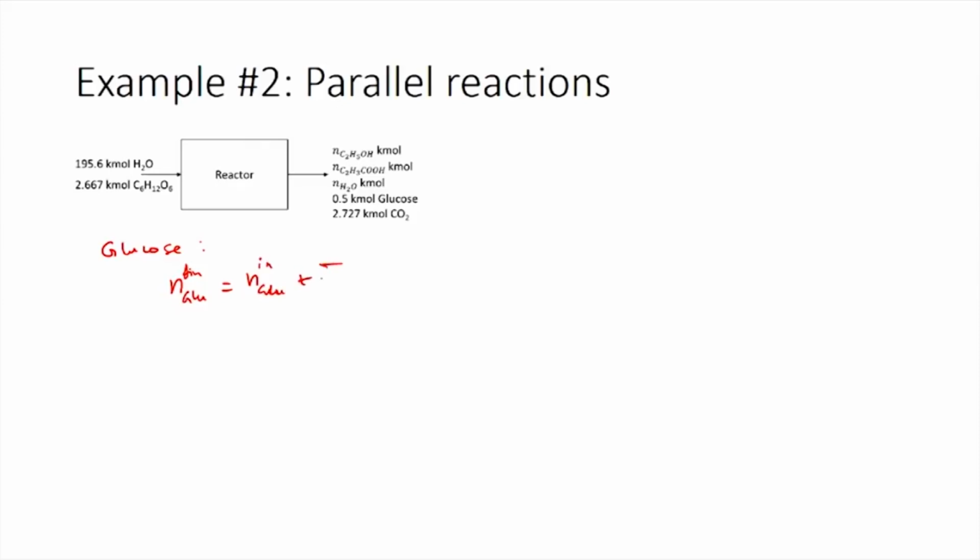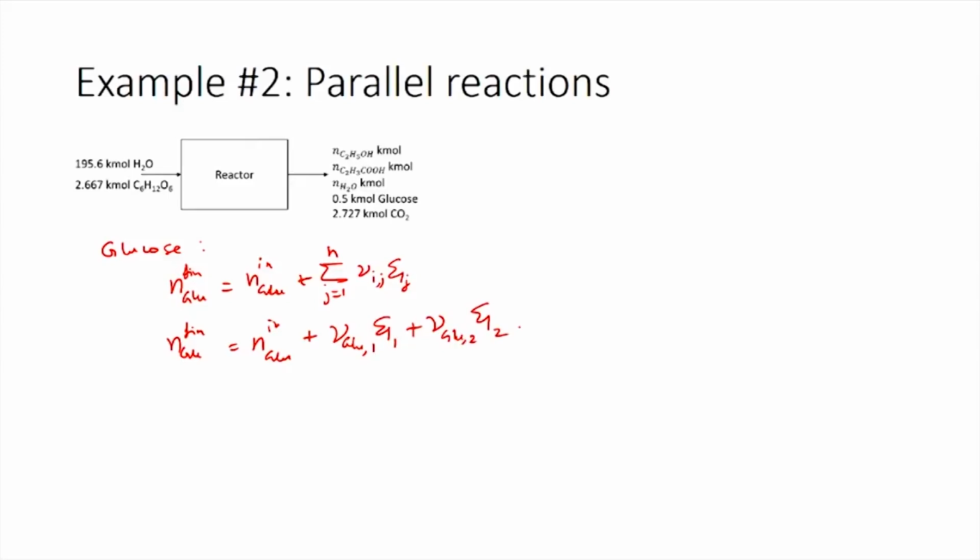plus sigma of j equals 1 to n nu ij stoichiometric coefficient times extent of reaction for the reaction J. Glucose actually takes part in both the reactions, which means this equation becomes n glucose final is equal to n glucose initial plus the stoichiometric coefficient of glucose in the first reaction times the extent of reaction for the first reaction plus the stoichiometric coefficient of glucose in the second reaction times the extent of reaction for the second reaction.